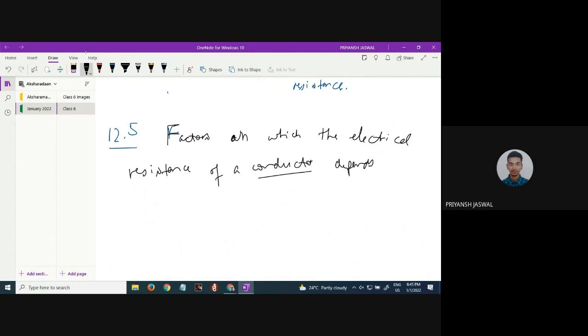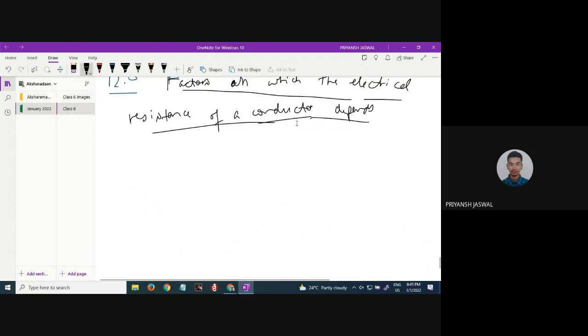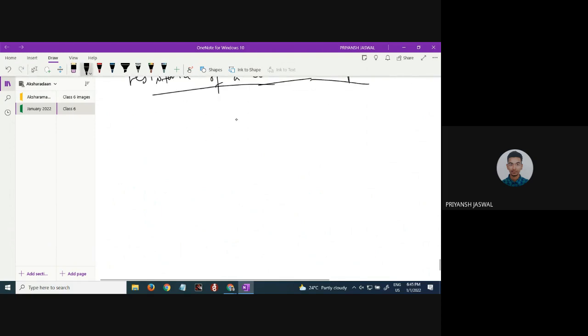Talking about an electrical conductor, to study the factors which affect the electrical resistance of a conductor, we take some conductors.